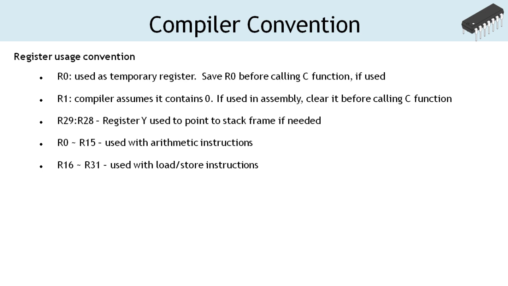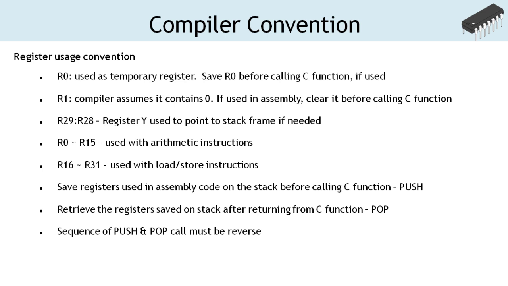Generally, the registers from R15 through R0 are used with arithmetic instructions and R31 through R16 are used with load store instructions. Before calling the C function from the assembly code, save the registers being used on the stack using the instruction push.